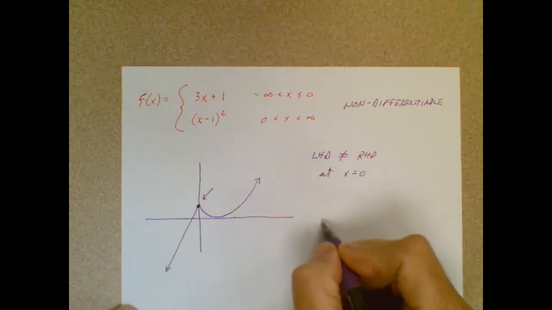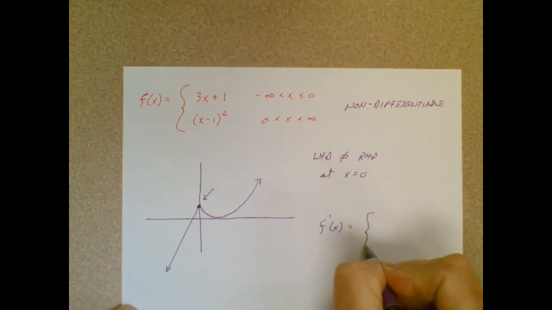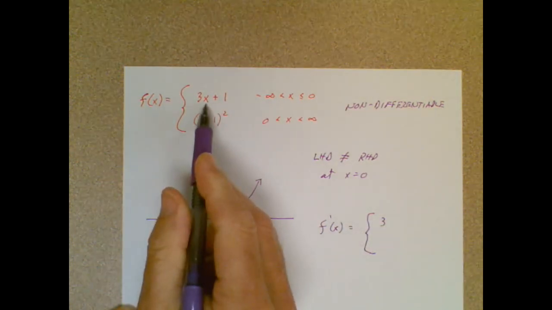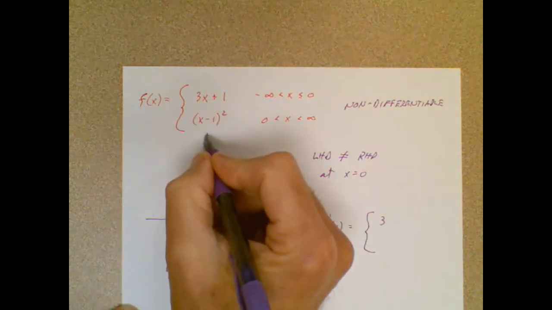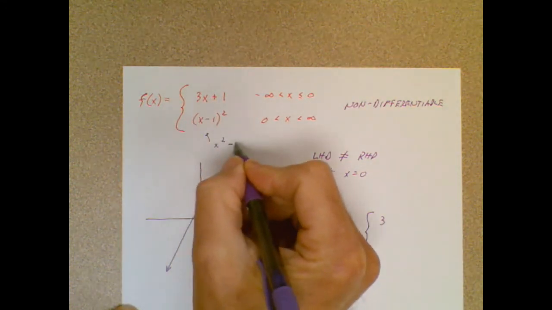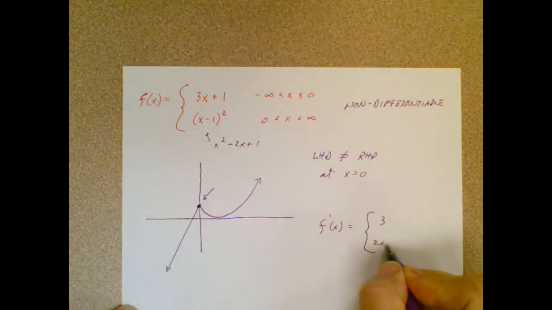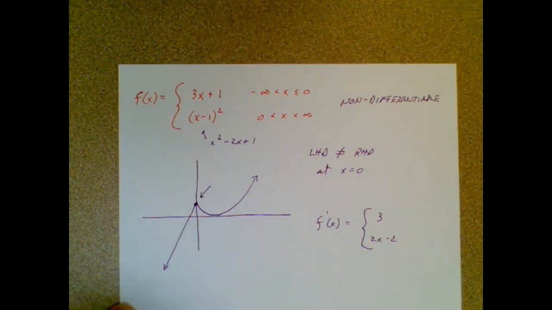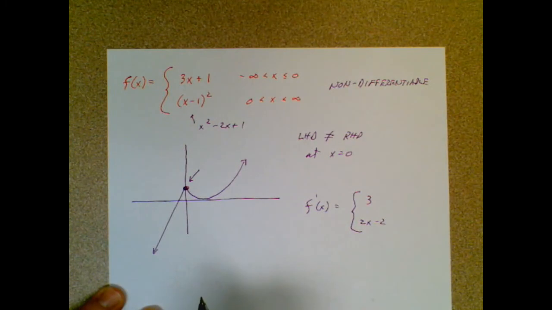And if I wanted to create a derivative, I would say something like this. The derivative is 3, and then remember this one from the other side was x squared minus 2x plus 1. So that derivative is 2x minus 2. But now we have to put on our math lawyer hat. This is a non-differentiable spot.